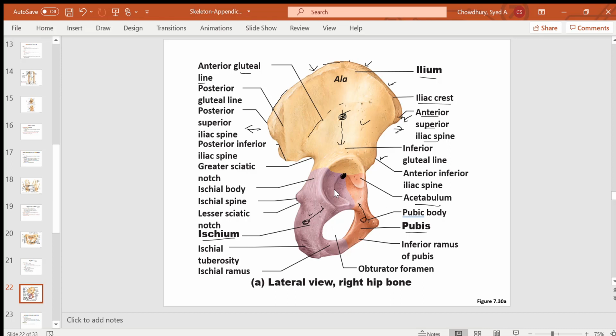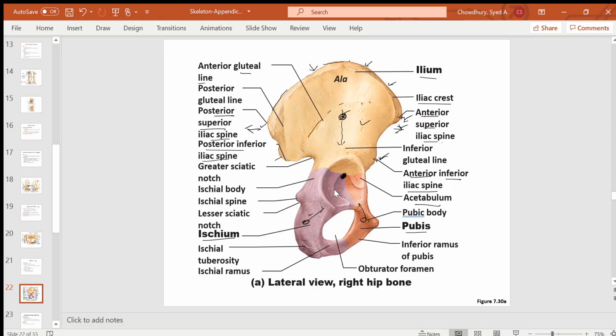So this is the anterior superior iliac spine, and this is the anterior inferior iliac spine. Inferior means below. This is the upper one, this is the lower one, two spines. And on the posterior side you have the posterior superior iliac spine, and this is the posterior inferior iliac spine. So those are the structures in the ilium.